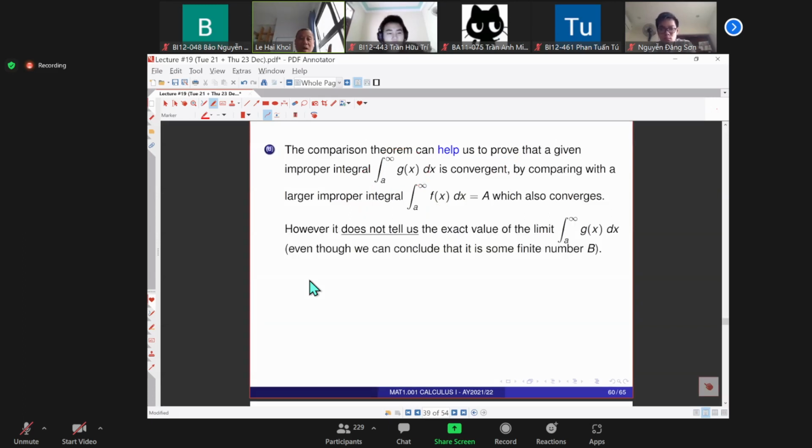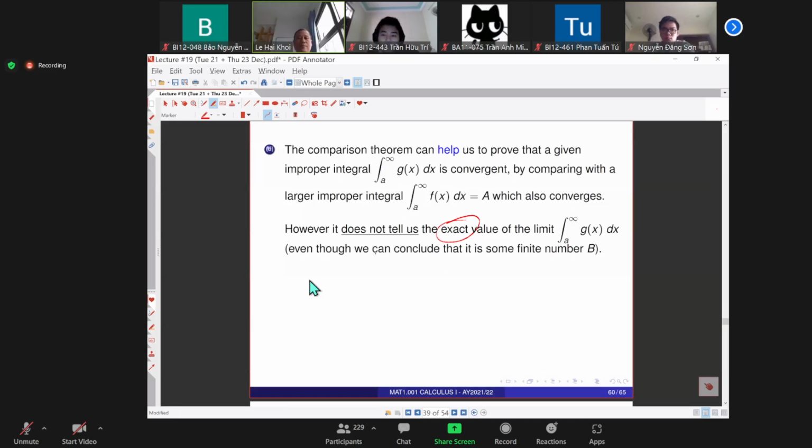Ok. Nhưng mà nhớ rằng comparison theorem chỉ nói đến convergence or divergence. You cannot talk about the value of the integral. You don't know. Even if you know that the integral is convergent, using this theorem you cannot know converge to what value. Okay? Such a thing you should be careful.